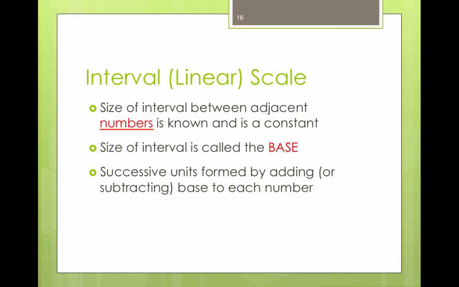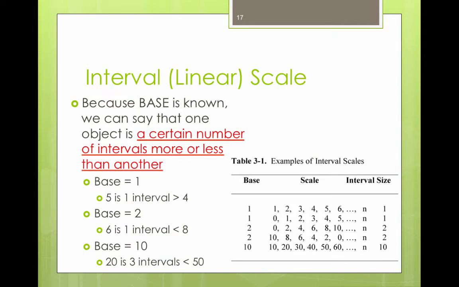So the size of the interval between the adjacent numbers is a constant, and the size of the interval is called the base. We're familiar with the base of 1 in our scale, 1, 2, 3, 4, 5, 6, 7, 8, 9, 10. Or 5, 10, 15, 20. In this case, the base would be 5. And here are some other examples of bases in the scale.